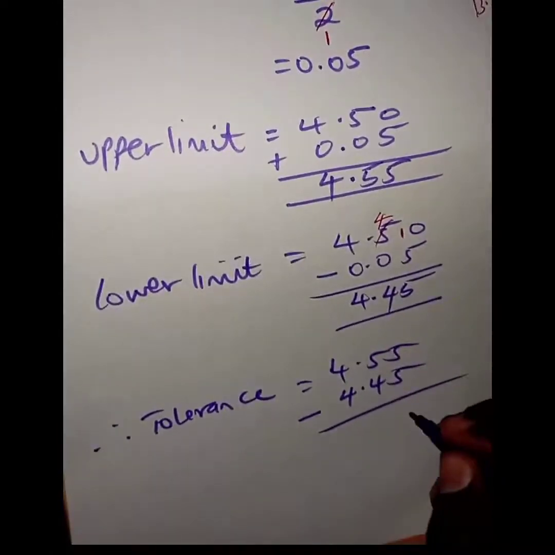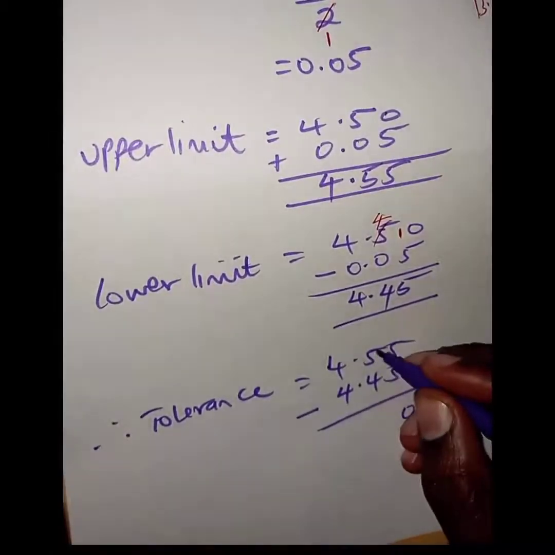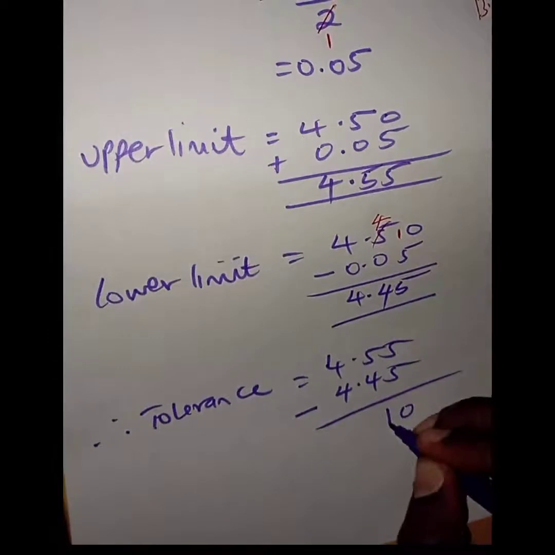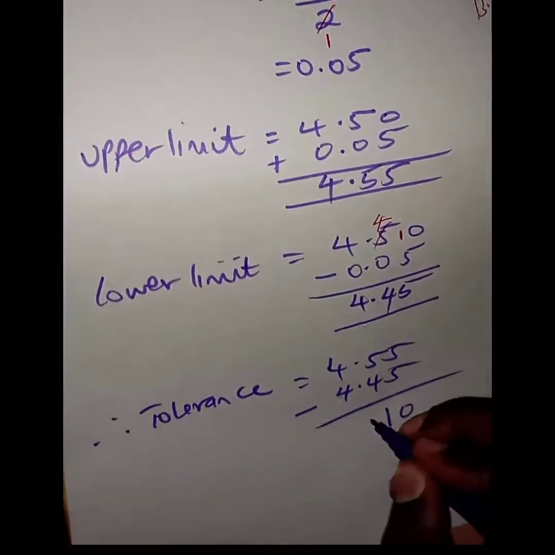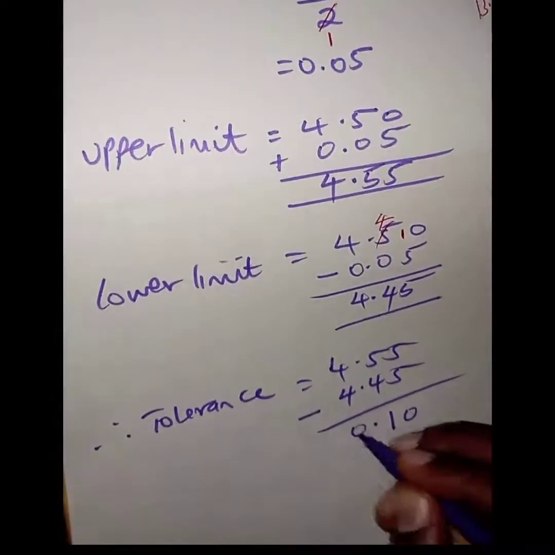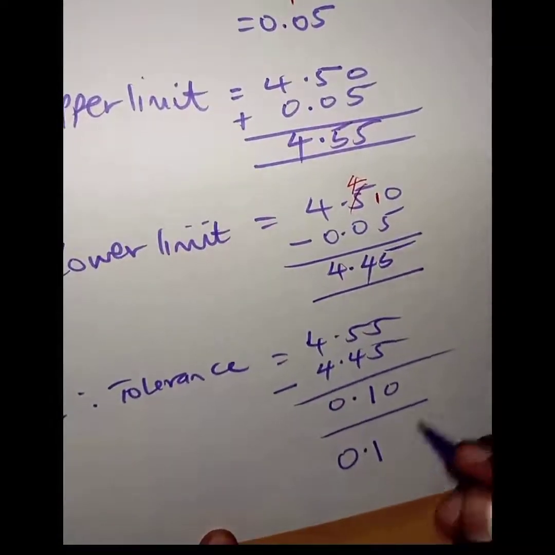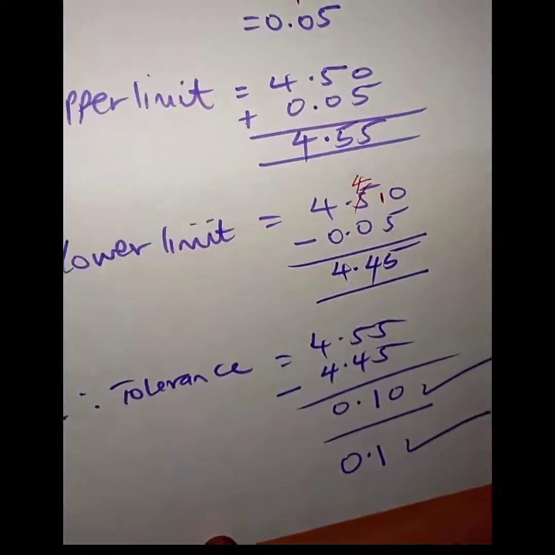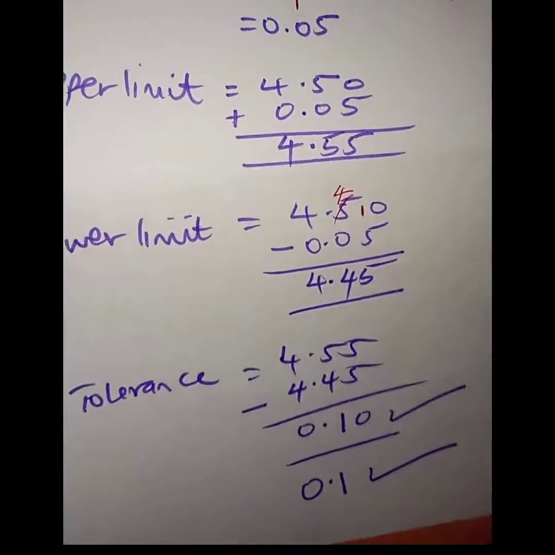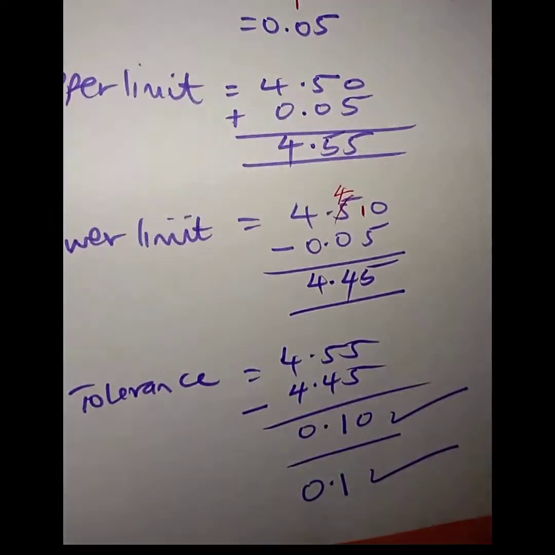So 5 minus 5, 0. 5 minus 4 is 1. 4 minus 4 is 0. So the tolerance is the same as saying 0.1, this one or this one, whichever. So this is the tolerance. This is what you are supposed to do.